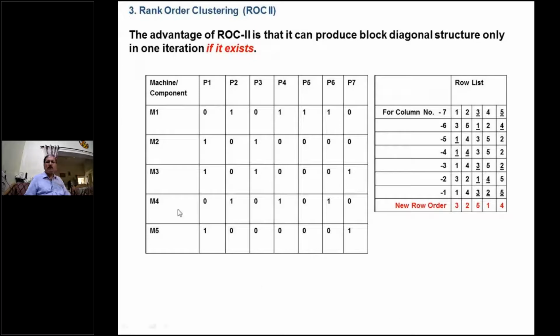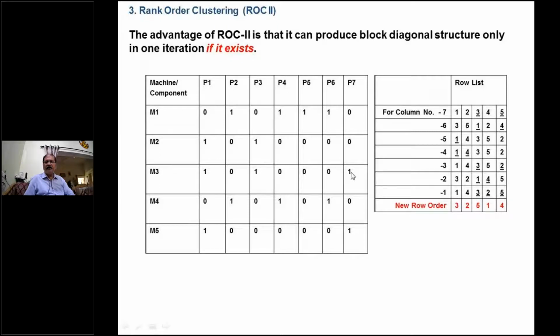To explore that idea, we have demonstrated a small example here. Now suppose there are 7 parts and 5 machines. What we do here, you take column 7 and make a row list here, that is row 1, row 2, row 3, row 4, row 5, which we have written as 1 2 3 4 5. Now look at column 7.